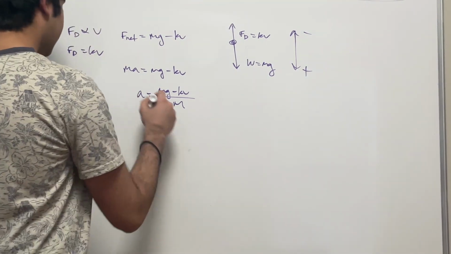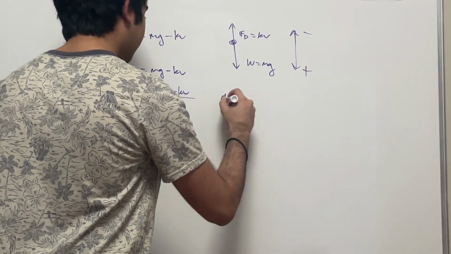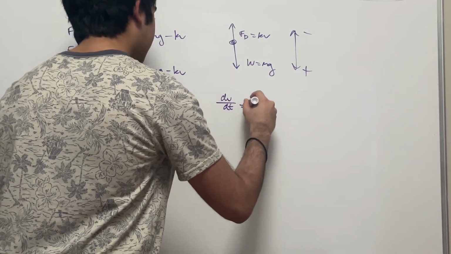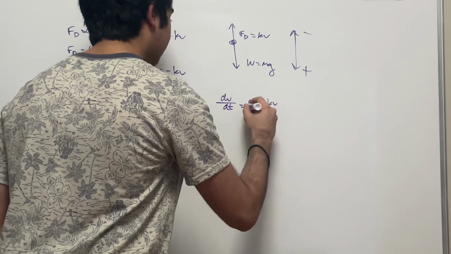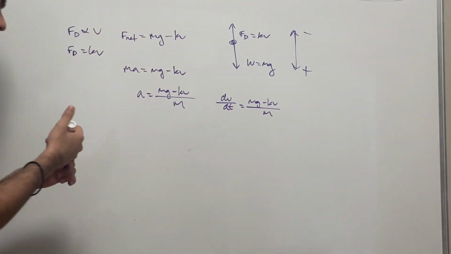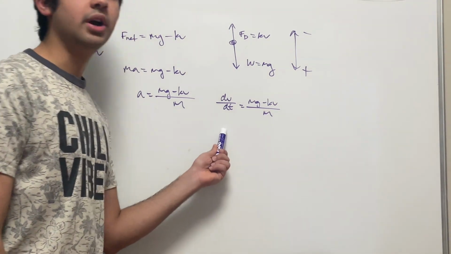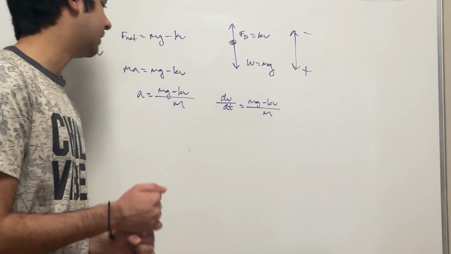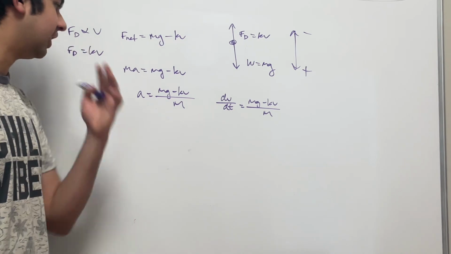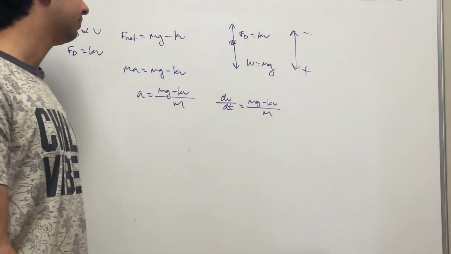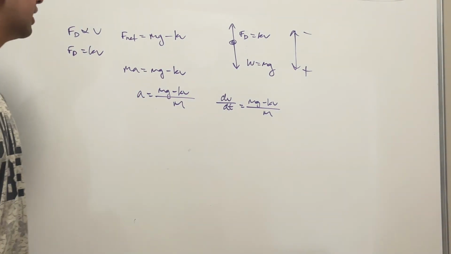So dv over dt is equal to mg minus kV over m. And if you notice, we've got a differential equation right here. This is great, because if we solve this differential equation for v, we'll get v as a function of time, and that's exactly what Prof is asking us for.